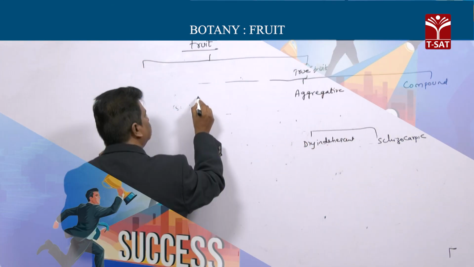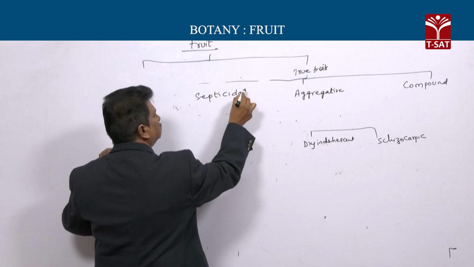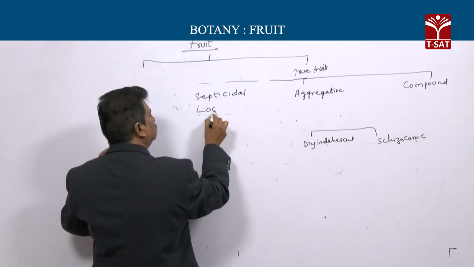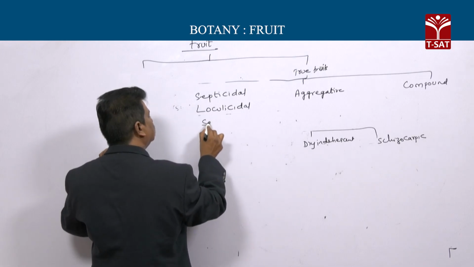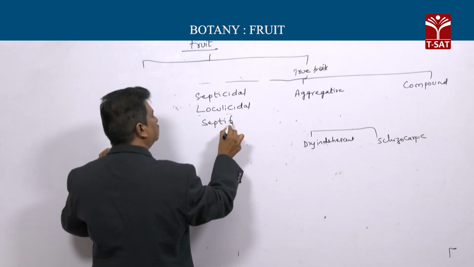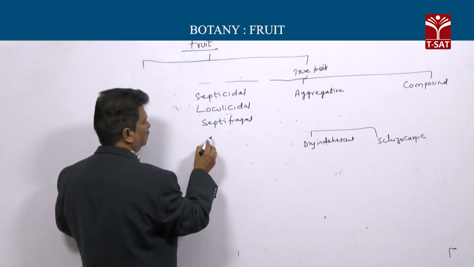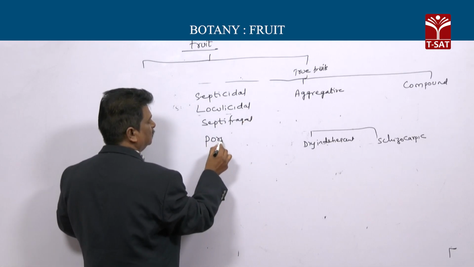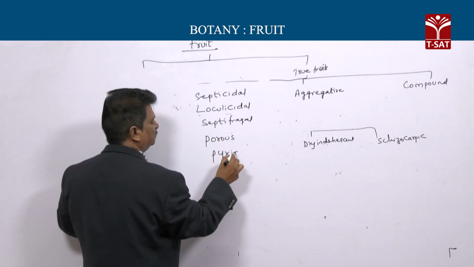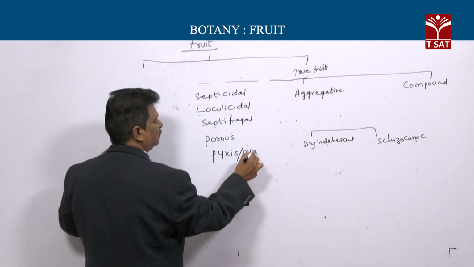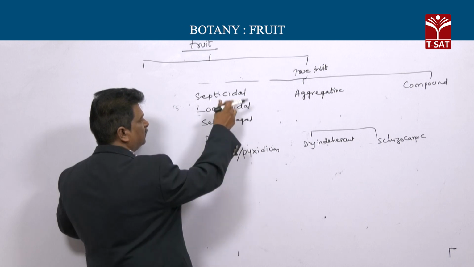Then types of capsule, first one, septicidal capsule, loculicidal capsule, septifragal capsule, then porous capsule, then pyxidium or pyxis. These are types of capsules.